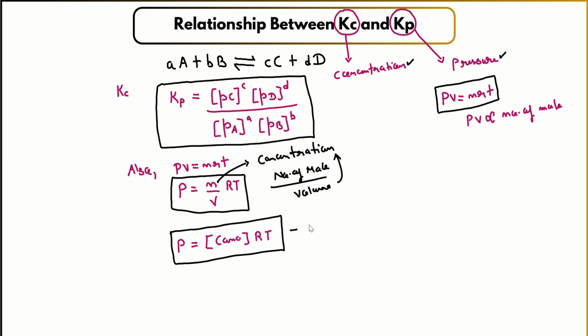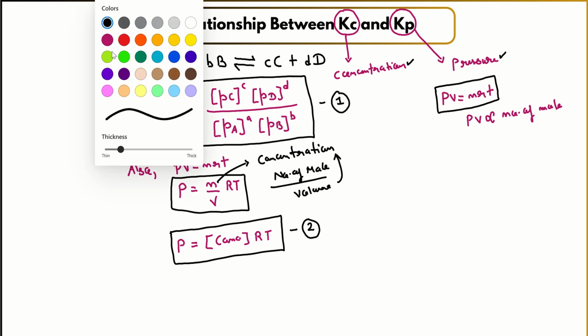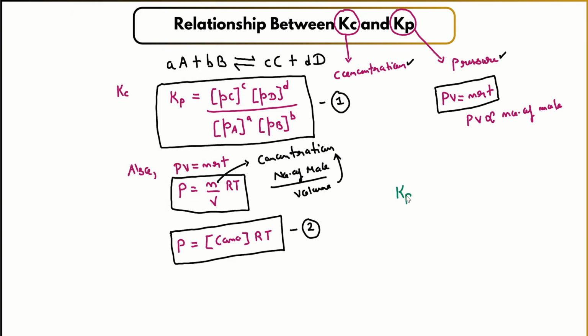Now we can use this equation 2 and merge it into equation number 1. So from here you will see we will get Kp is equal to concentration of C times RT raised to the power small c, concentration of D times RT raised to the power small d.